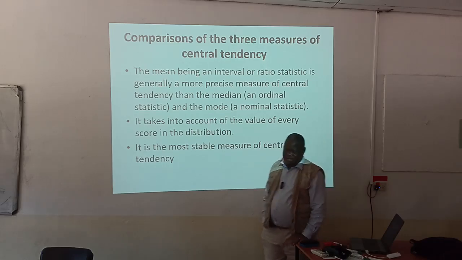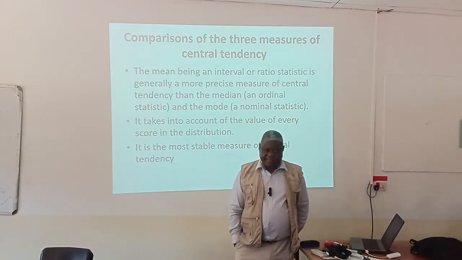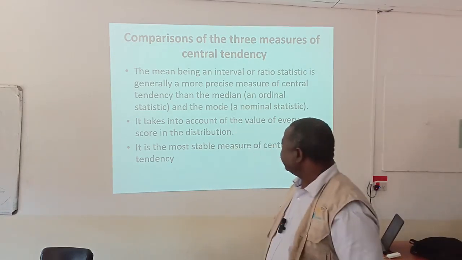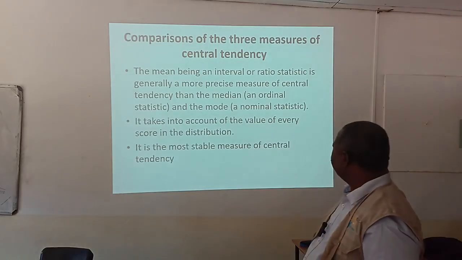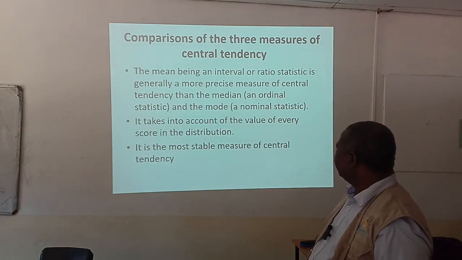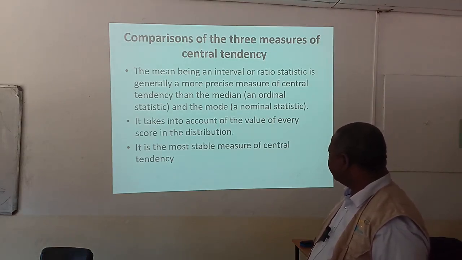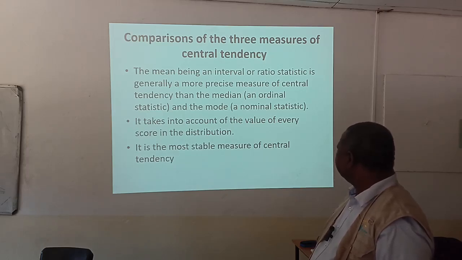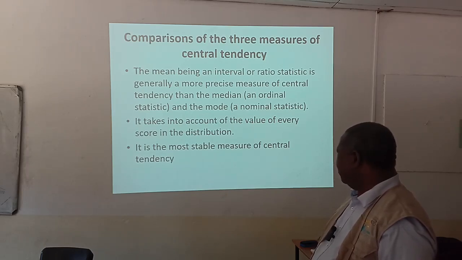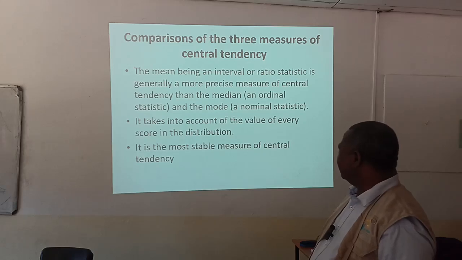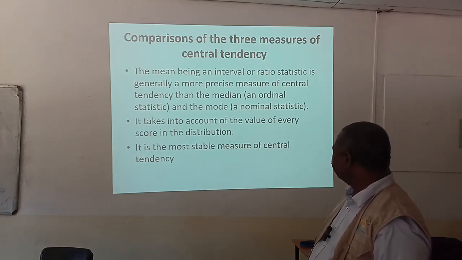And if you want to compare these 3 types of measures of central tendency, then the mean is considered to be the most precise measure of central tendency than the median, which is only an ordinal statistic, or the mode, which is only a nominal statistic.